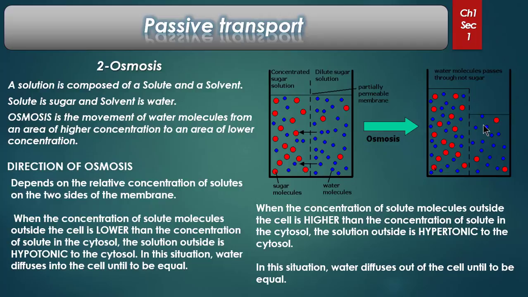So when the concentration of solute molecules outside the cell is higher than the concentration of solute in the cell, the solution outside is said to be hypertonic to the cytosol. So as I said, let's say this is out of the cell and this is inner of the cell. If solute molecules are more outside the cell, we call this hypertonic.